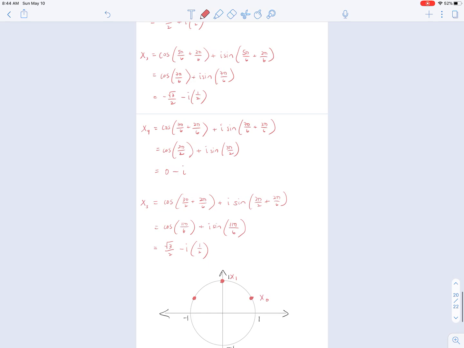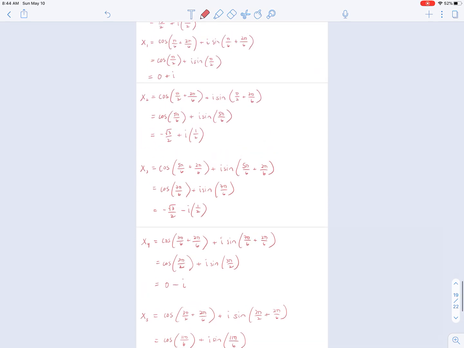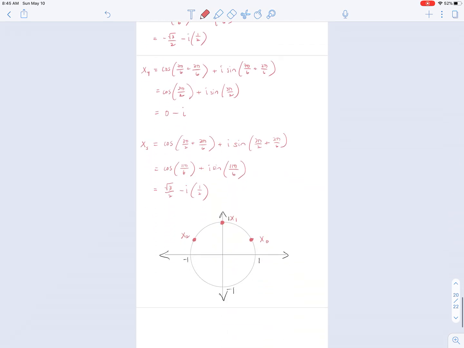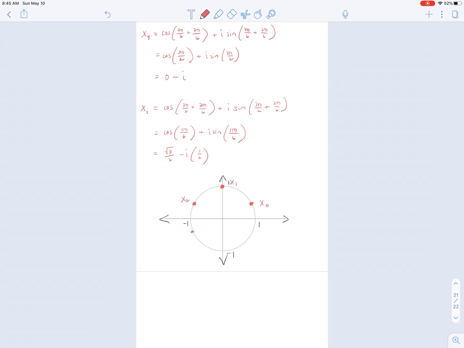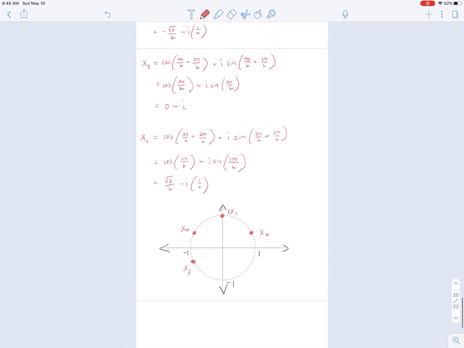So x sub 0, x sub 1, and then x sub 2. X sub 3. X sub 4.